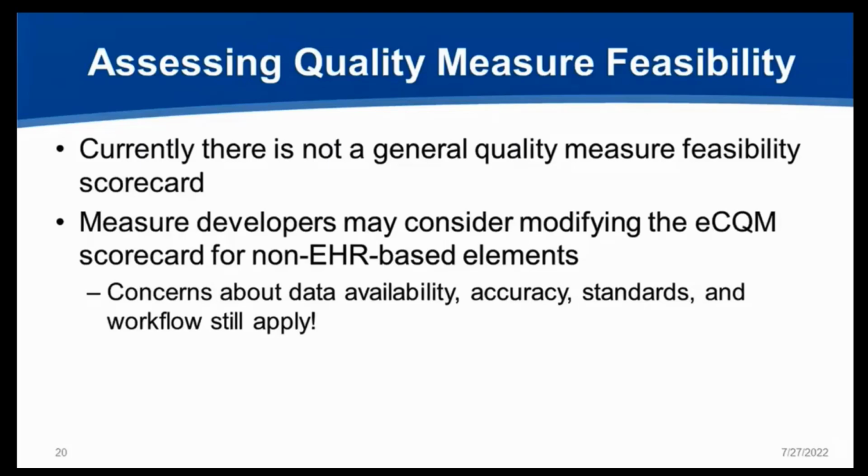Consider the latest draft definition of a digital measure, which is: use 1 or more sources of health information that are captured and can be transmitted electronically via interoperable systems.